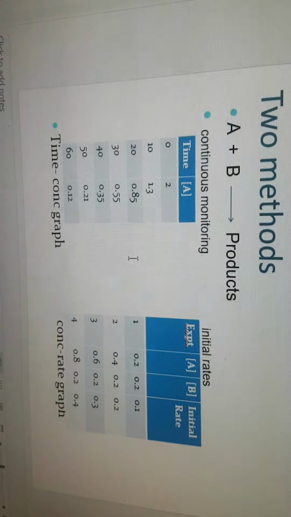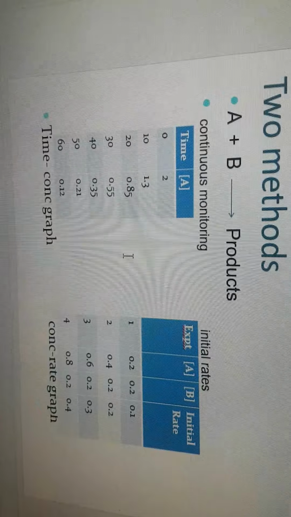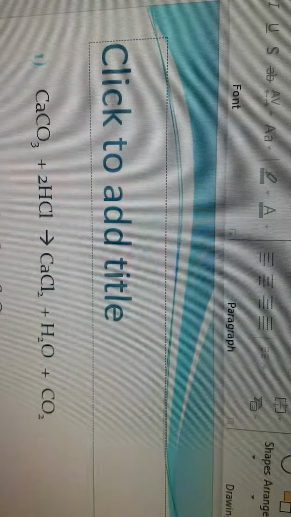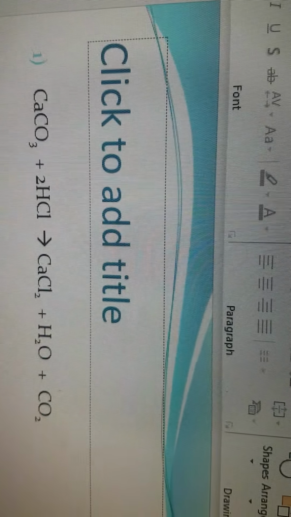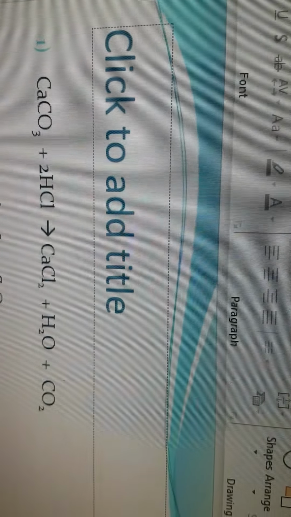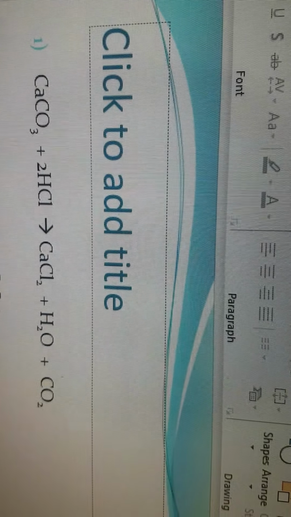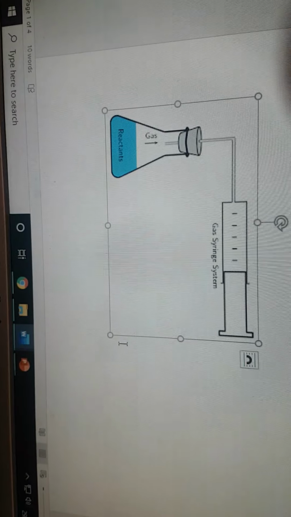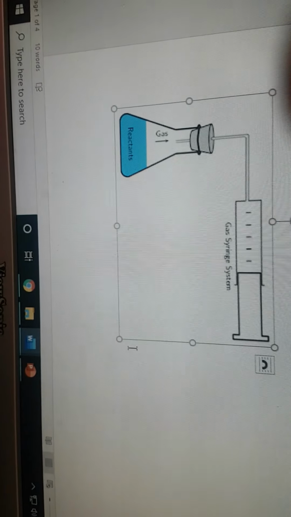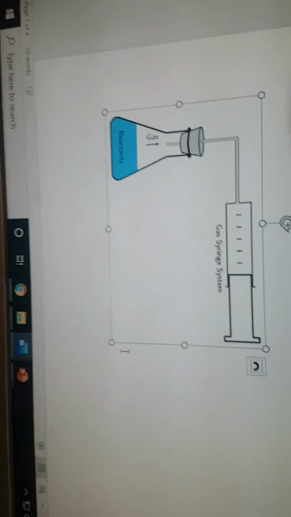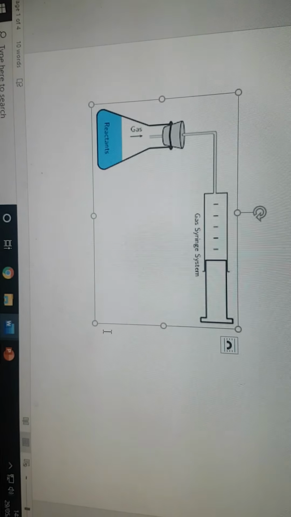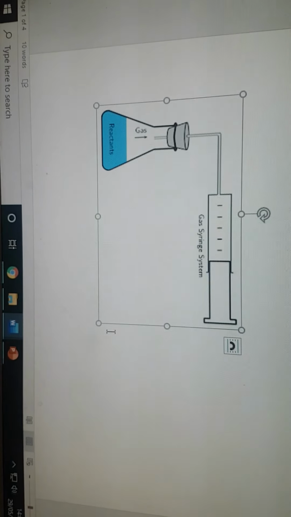Now, let's just put this in the context of the technique. Let's imagine you were investigating the reaction between calcium carbonate and hydrochloric acid we looked at before. Very quick reminder of the equation as shown there. Carbon dioxide is produced. And you could therefore choose to monitor the reaction using a gas syringe to measure the volume of gas produced.